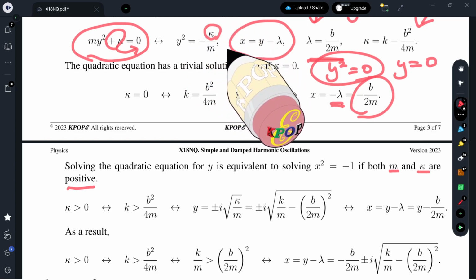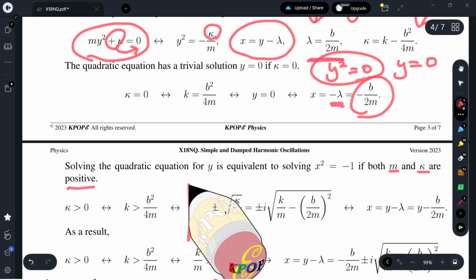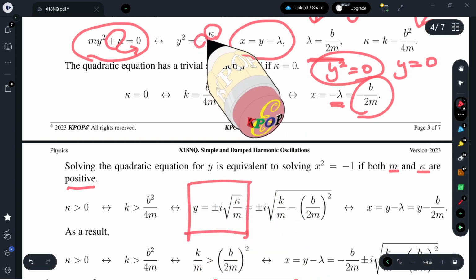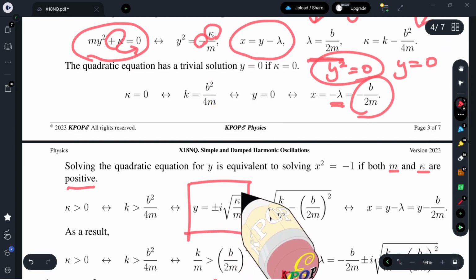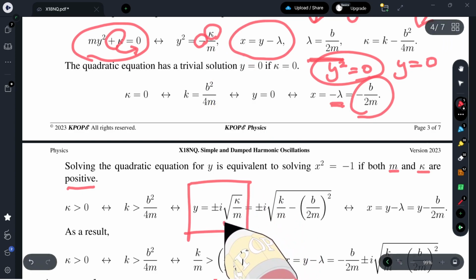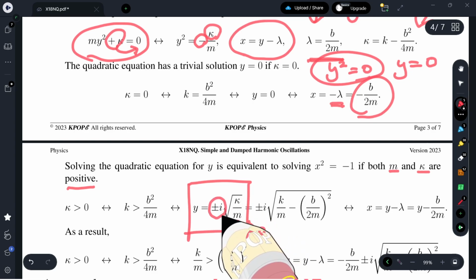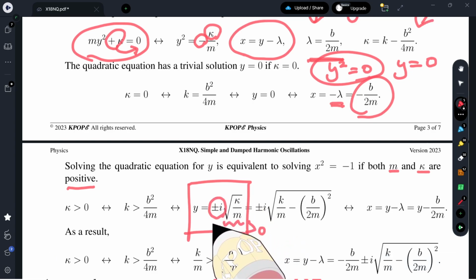If y squared is negative, the solution for y is plus minus i, because of this negative sign, and square root of kappa over m. This is a positive number. And we have a positive number multiplied by plus minus i.